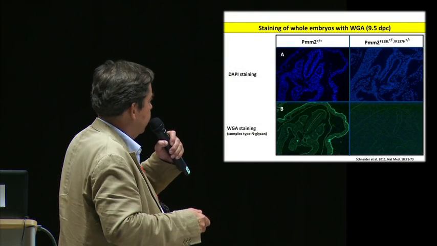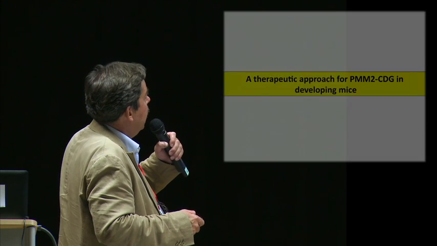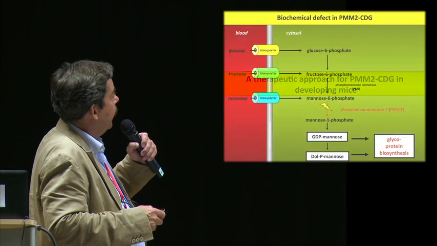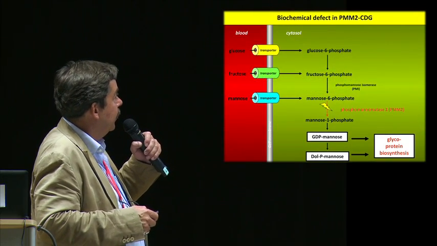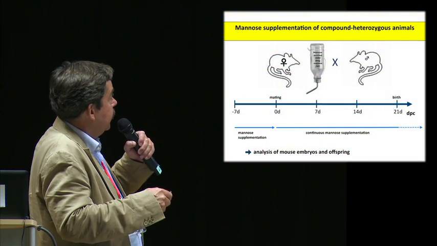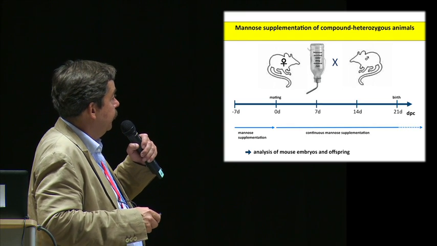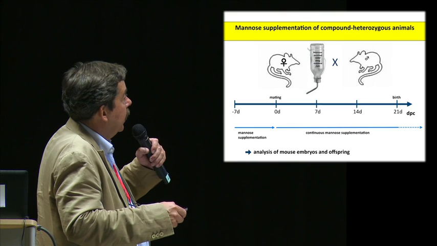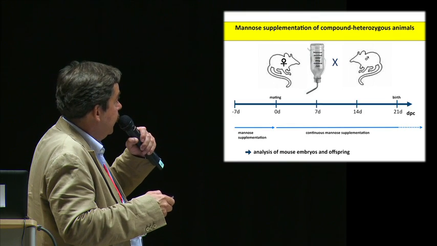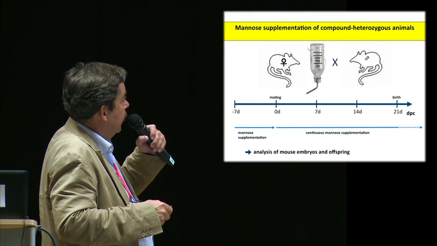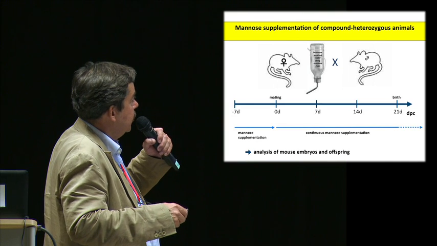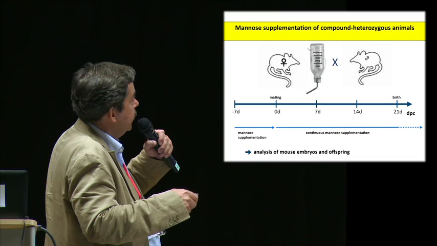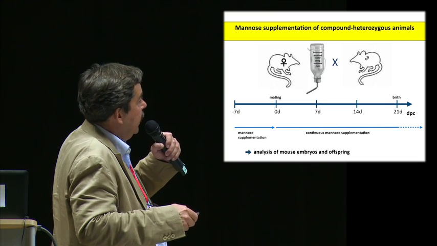Okay, this is a bit complicated. I'll go through it. Interesting is that when we fed the mothers with mannose-enriched water, we found, if you remember, we have these smaller animals, and they are completely destroyed at day 12.5.